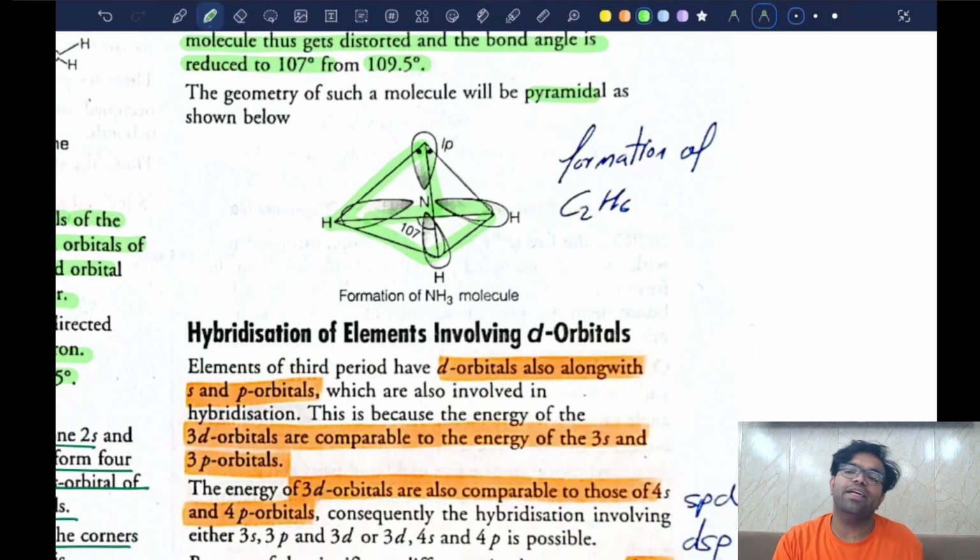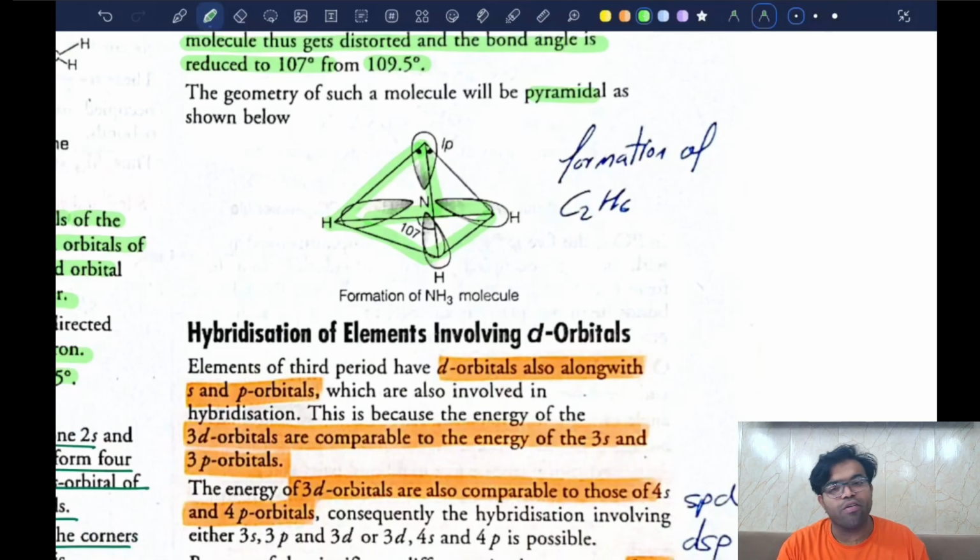So it is not a tetrahedral arrangement as in the case of CH4, because when we were talking about CH4, carbon, fortunately for us, did not have any lone pair of electrons, but nitrogen does. Because of that lone pair, the lone pair-bond pair repulsion is going to arise.